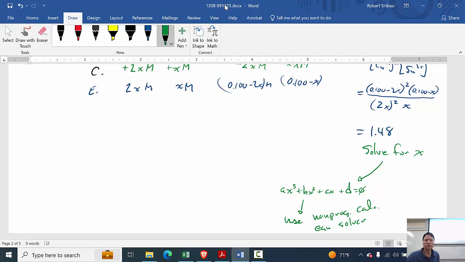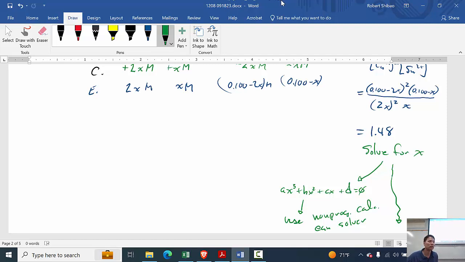So is there an alternative way to solve this? Yeah, have you guys solved these cubic equations in algebra? You remember doing that? You can do it that way too. Was it easy to solve or hard to solve?